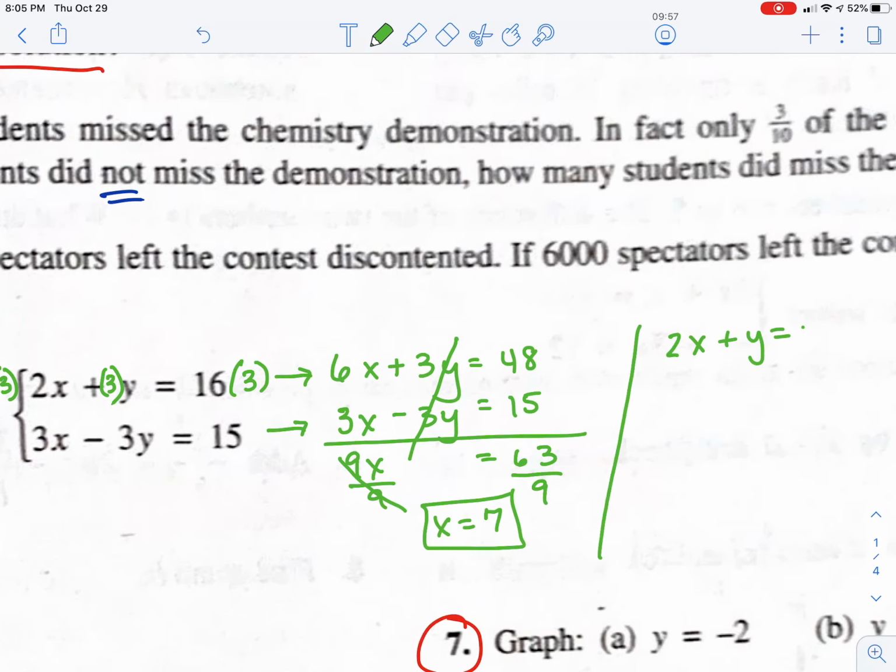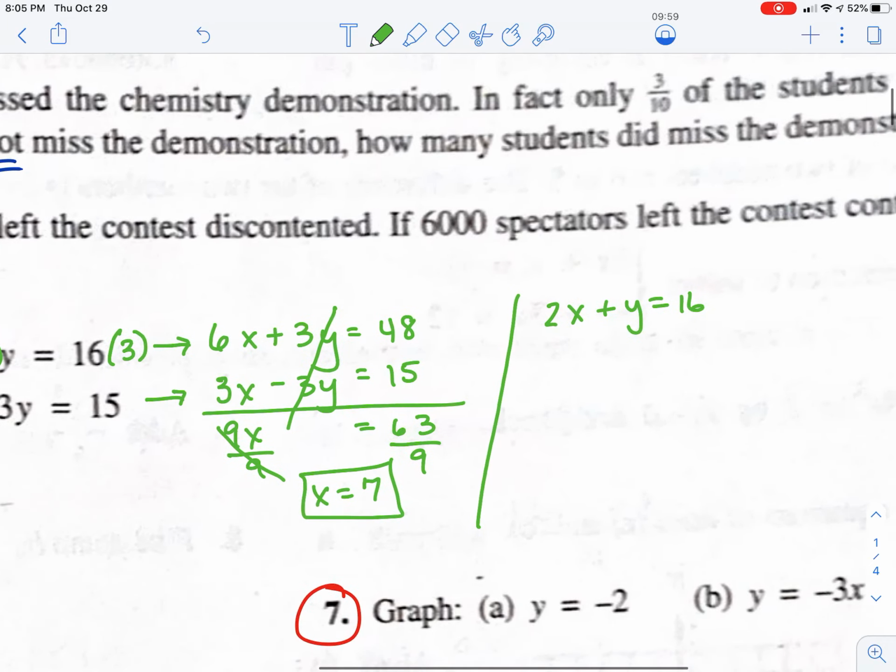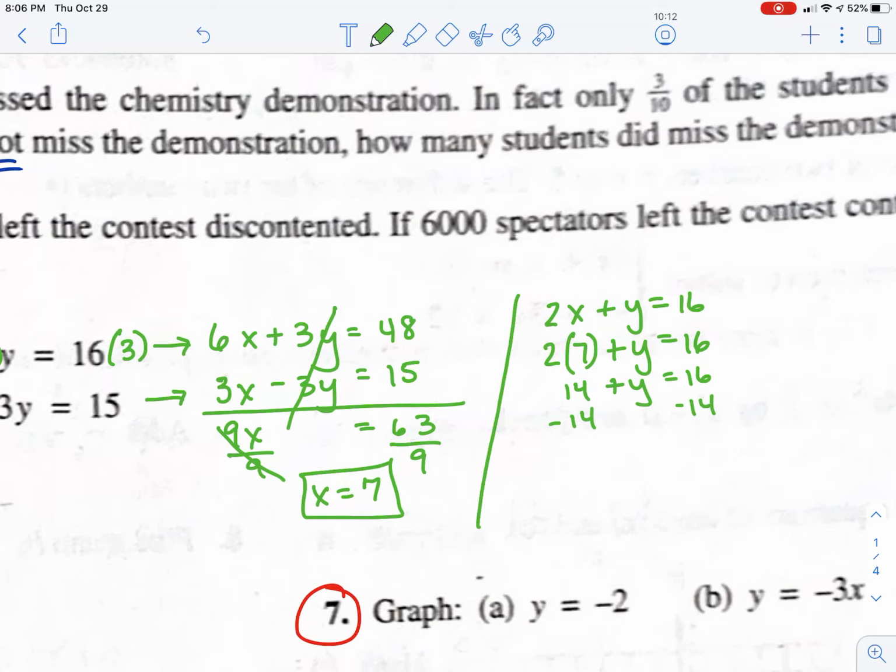So it was 2x plus y equals 16. And I'm going to take x, which we said is 7, and put it in here for x. So 2 times 7 plus y equals 16. 14 plus y equals 16. Subtract 14 from both sides. And y equals 2.